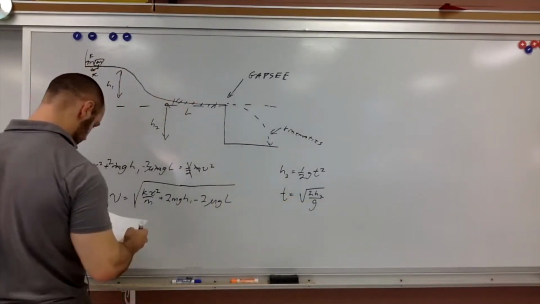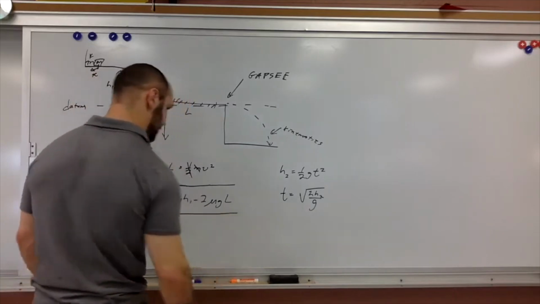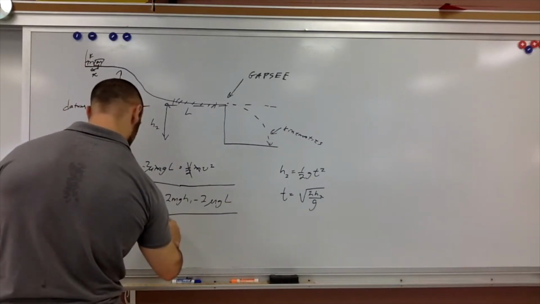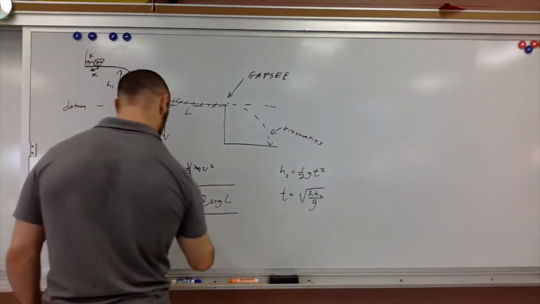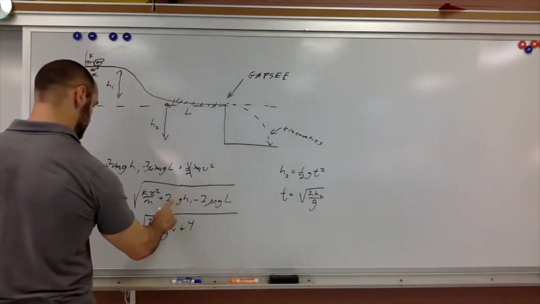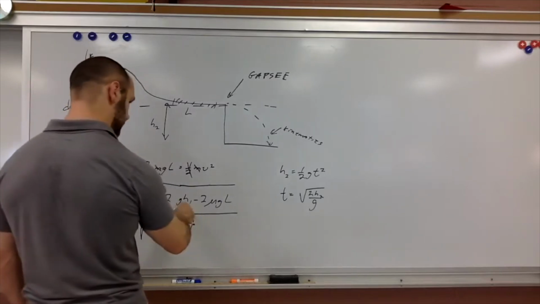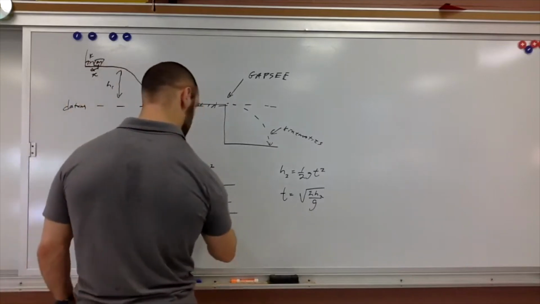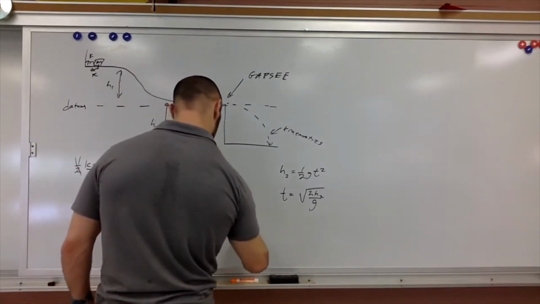So the distance, S, is going to be the square root of, so then 2 times this is going to be 2h2 kx squared over mg plus, now this is going to be 4, oh, sorry, this m shouldn't be in here, getting rid of that. 4 g's cancel out, so I just have h1 times h2, and then minus 2 times 2, so it's 4 mu, g's cancel out, Lh2.